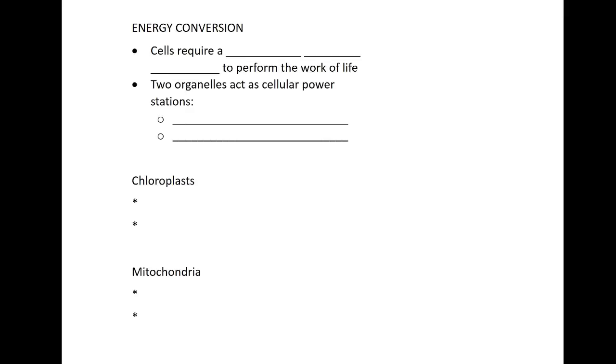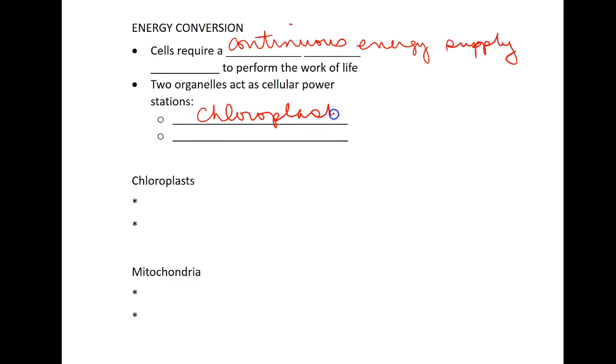So here are your notes. We said cells require a continuous energy supply to perform the work of life. And the two organelles that act as cellular power stations are the chloroplasts and the mitochondria.